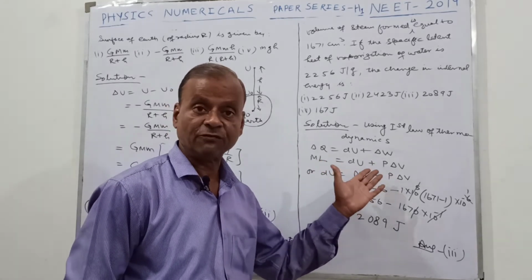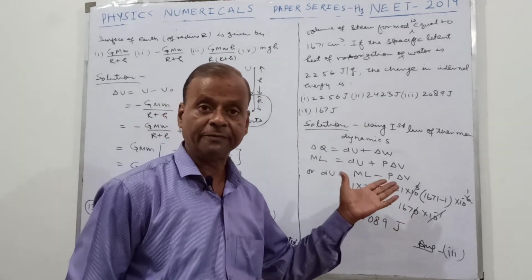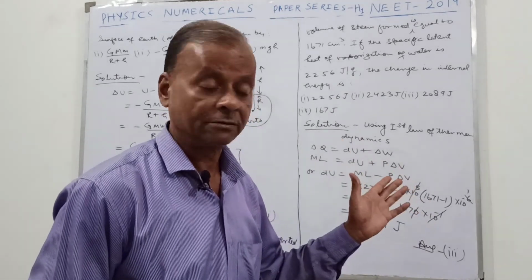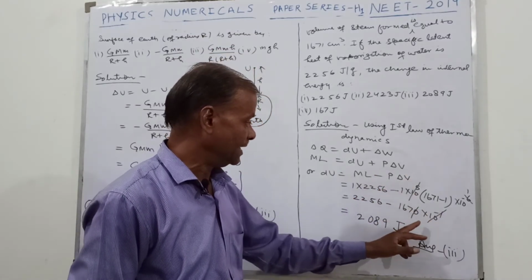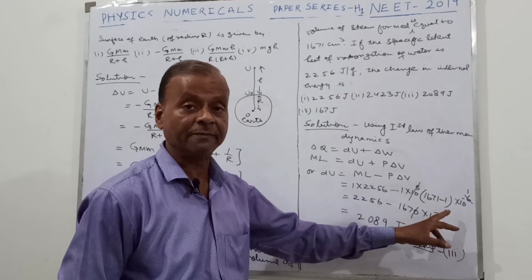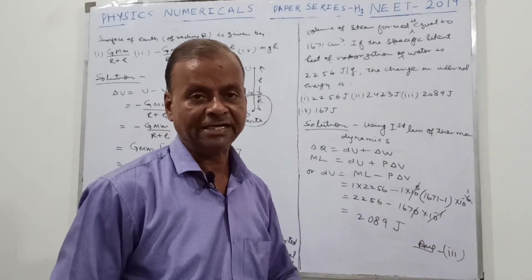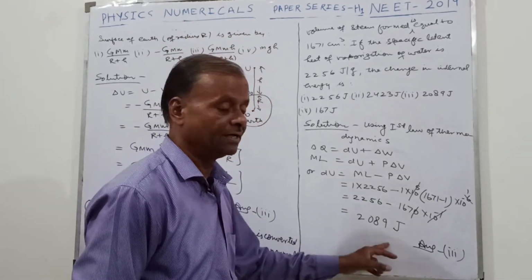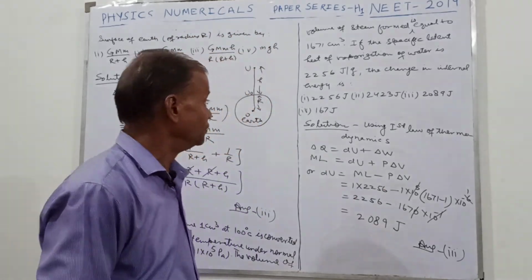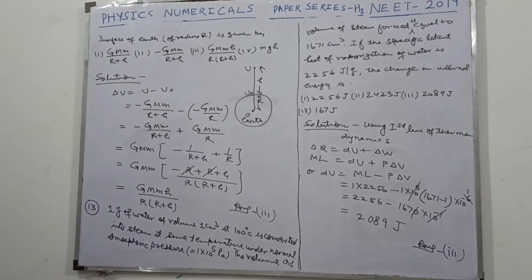Also there is a change in volume, so it means that there will be work against the pressure. So find P delta V, and then calculate. Remember that this volume is given in centimeter cube, and you have to convert it into meter cube. Then you find the answer. So this is question number 13.